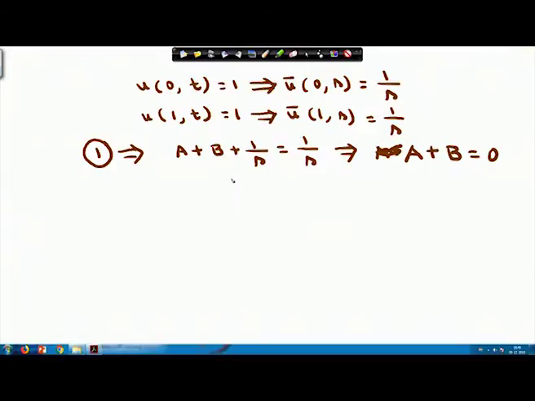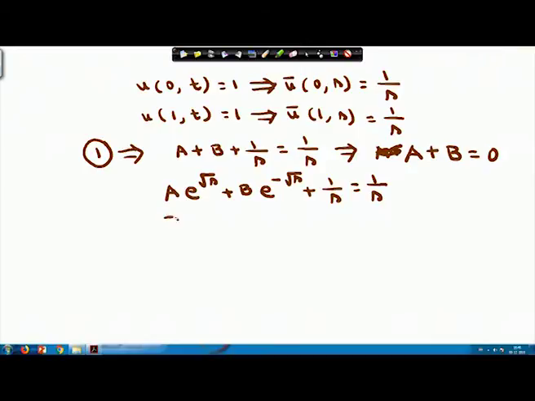And similarly, if you substitute u bar 1 s equals 1 by s in equation 1, what you will obtain is a e power root s plus b e power minus root s plus 1 by s, this is equal to 1 by s.